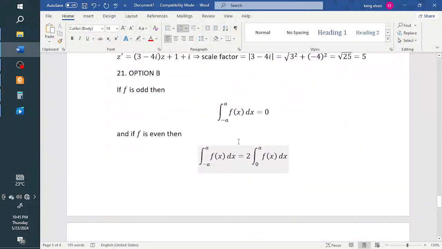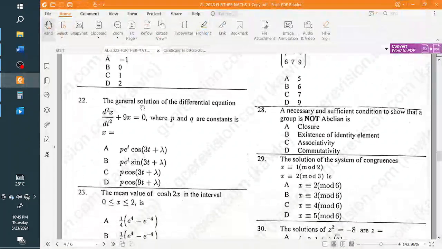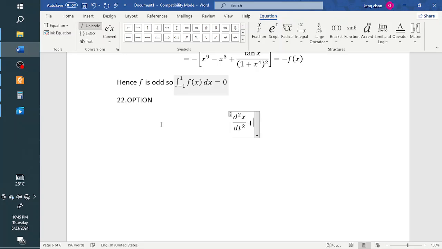Question 22. The general solution of the differential equation, where p and q are constants, is x equal to what? The second derivative of x with respect to t, d squared x by dt squared, plus 9x equal to 0. First things first, we have to get the auxiliary equation.